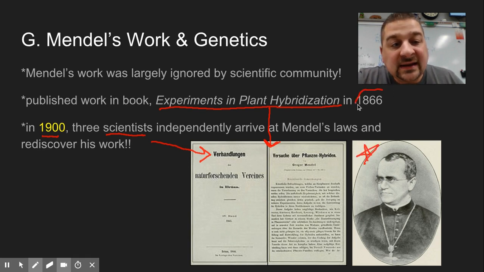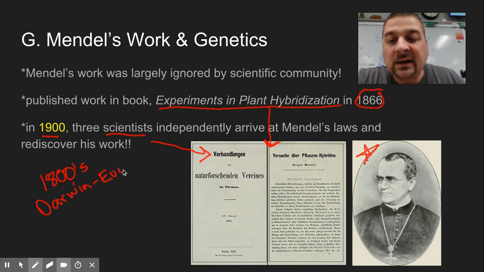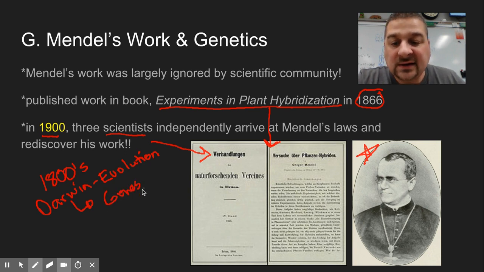The other interesting thing, side note, happening at this time is in the mid 1800s, there was another very famous person in science that we're going to get into a little bit later this year, by the name of Charles Darwin. That's right. Charles Darwin was working on his theory of evolution in the mid to late 1800s when he published his work. Again, Darwin did not know about genes or some of these patterns of inheritance.